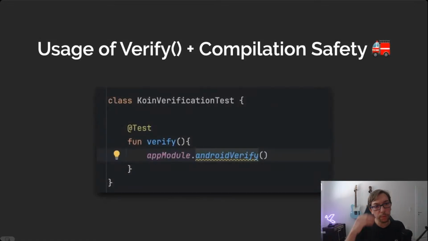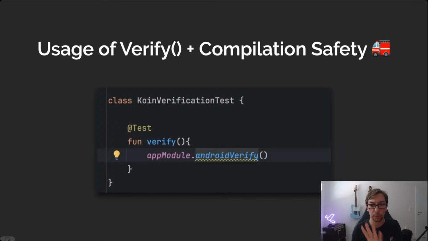The way to go is to couple Koin verification API and compilation safety. And why? Because finally, Koin works and Dagger works, the compilation safety. And then you see how Koin is super easy to verify configuration. You just take one module, your main module, and you call verify, or here Android verify, and it's checking all your configuration and be sure you don't forget anything.